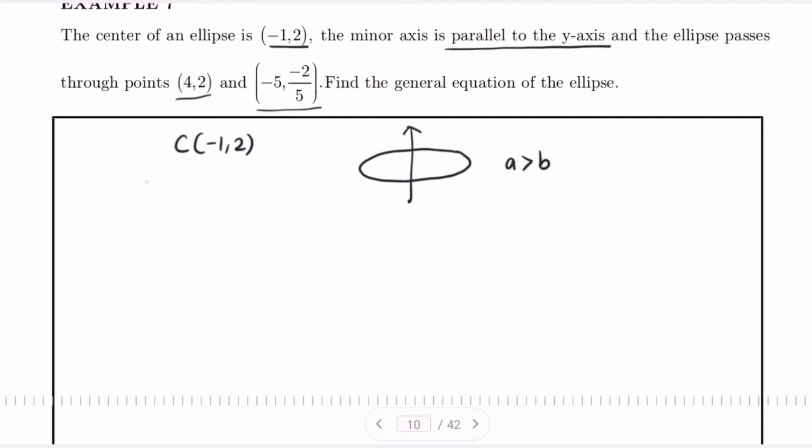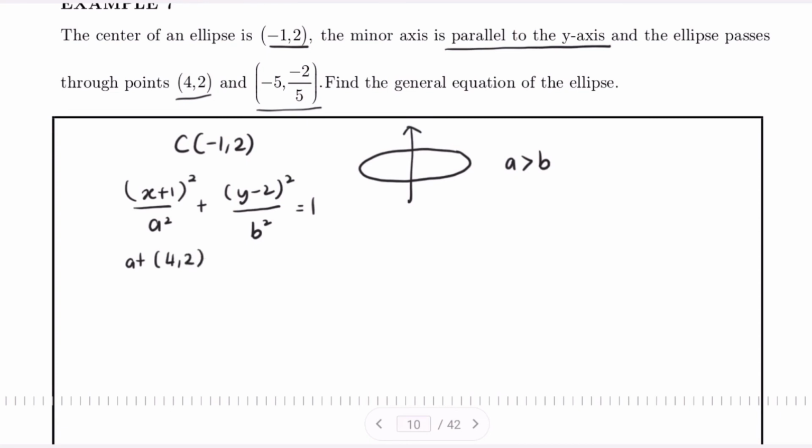Let's substitute the center into our formula. It becomes x plus 1 squared over A squared plus y minus 2 squared over B squared equals 1. In order to find A and B, we're going to use the two coordinates given in the question, starting with 4, 2.